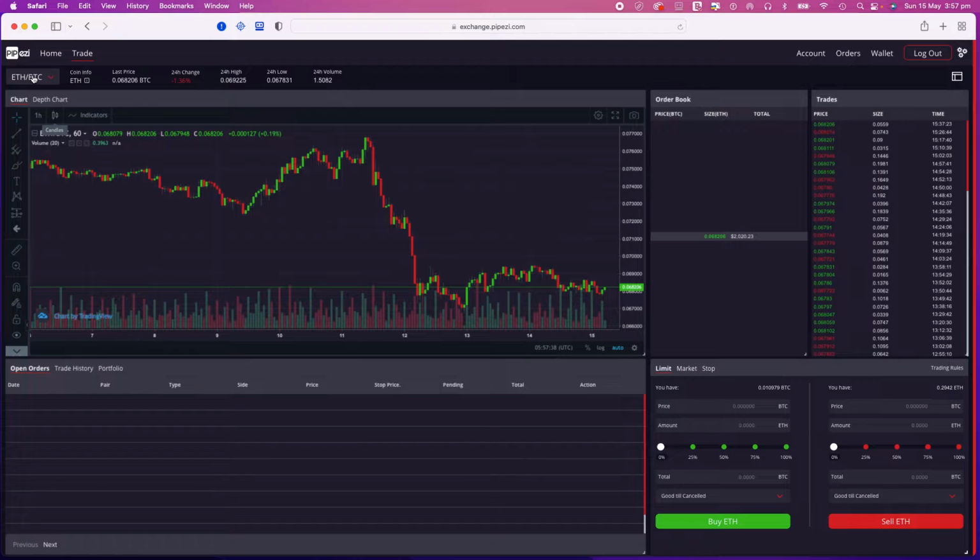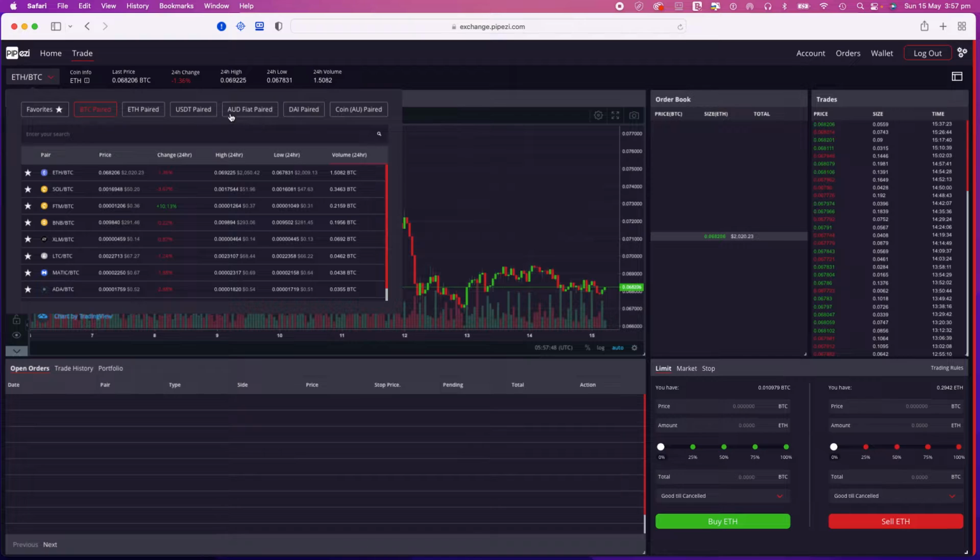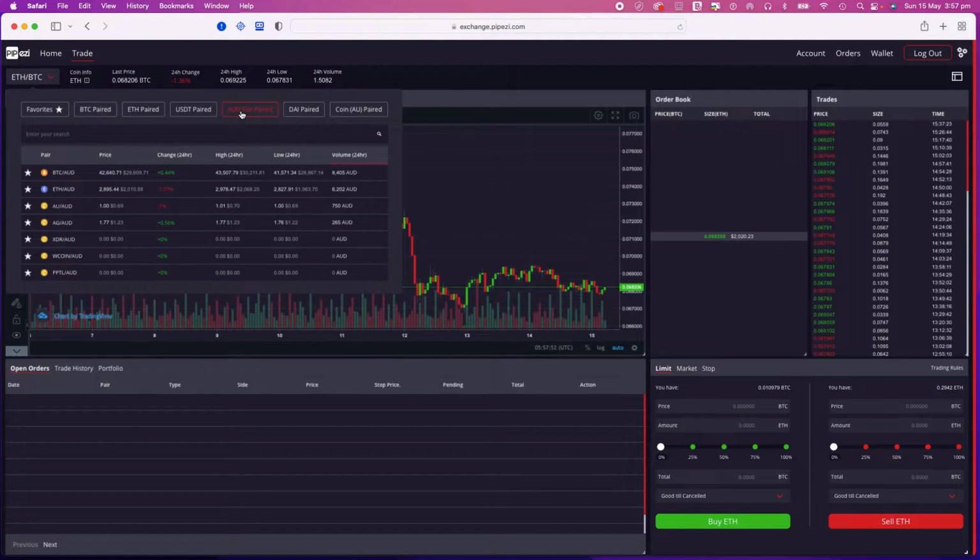Everything on the exchange is matched in pairs, and if you want to buy anything, you can only buy or sell what is available in that pair. For example, let me explain. If we look at what's paired with Australian dollars, or fiat Australian currency, you'll see that there's a limited number of coins available.